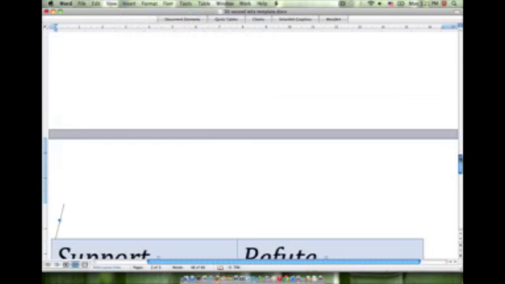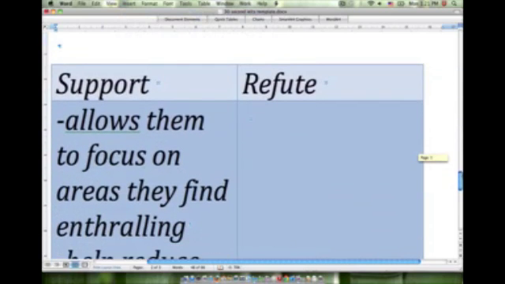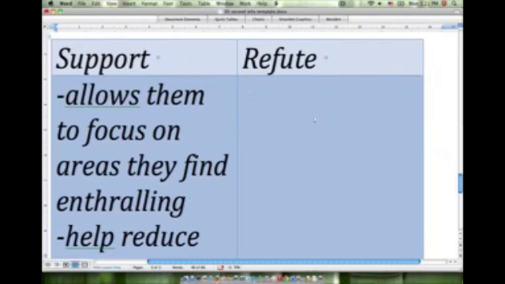Okay, now on the refute side, what are some reasons why students should be made to study certain subjects that perhaps they don't have natural interest in? So perhaps one thing could be, and I think most people would agree with this, that often when you're young, there are many things that you don't really know about yourself yet.